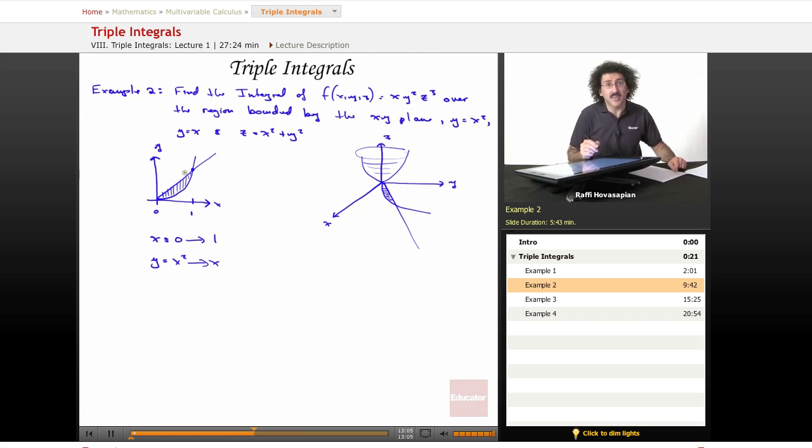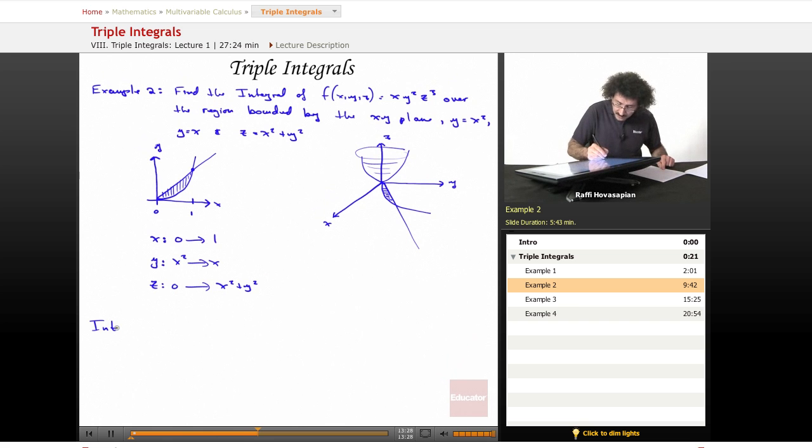X is the upper function. And z, these are not equal signs. These are colons. Z is going to go from 0, because it's bounded by the xy plane, all the way up to x squared plus y squared. So there you go.